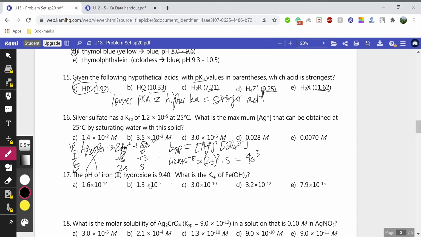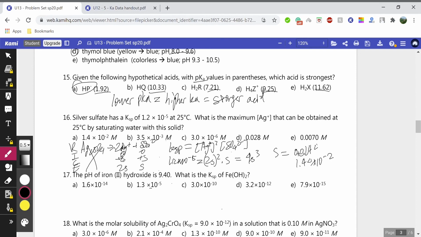So 1.2 e to the negative fifth power divided by 4, because 2s squared is 4s squared times s, and then take the cube root of that, which is equal to 0.0144, so 1.44 times 10 to the negative second power.